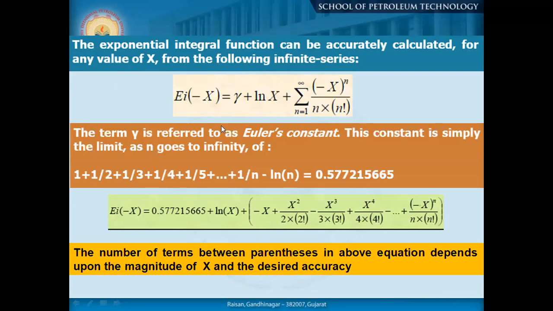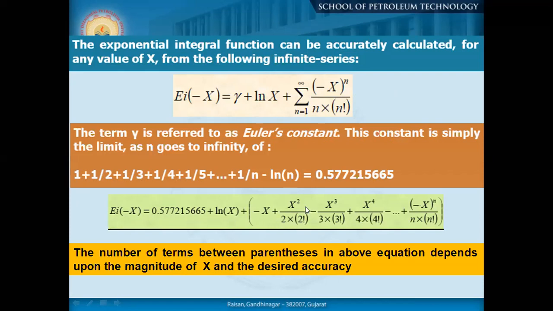This term gamma, sorry, is Euler's constant. This constant is simply the limit as n goes to infinity, so it is an extension, a series, and the series goes like this: 1 plus 1 by 2 plus 1 by 3 plus 1 by 4 like this. So this is actually your gamma. Okay, if I just expand this formulation, it will come like this.